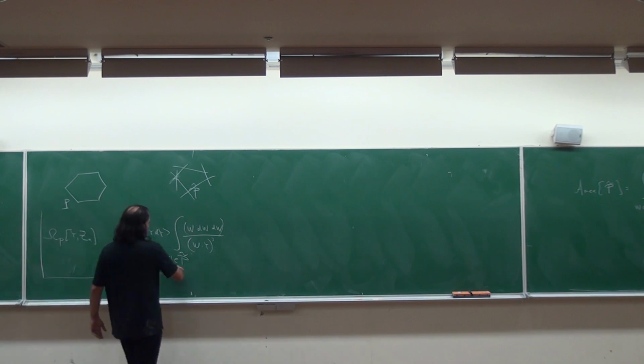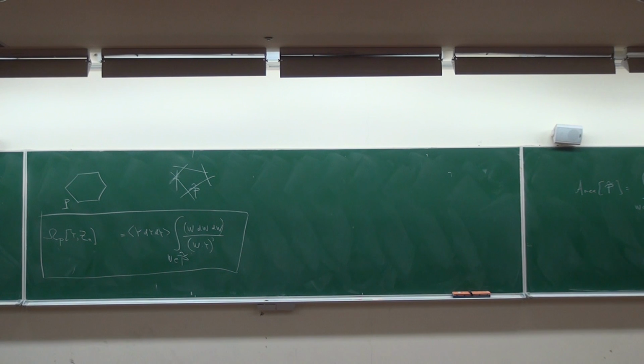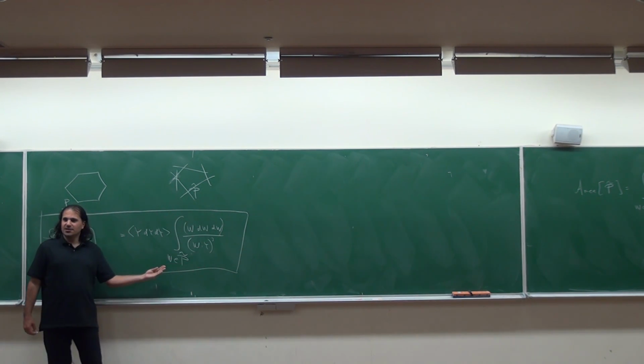So this is the beautiful formula for the case of polytopes, polygons, forms of logarithmic singularity, and volumes. It doesn't look like it, but in fact, this right-hand side is essentially Feynman parameterization.